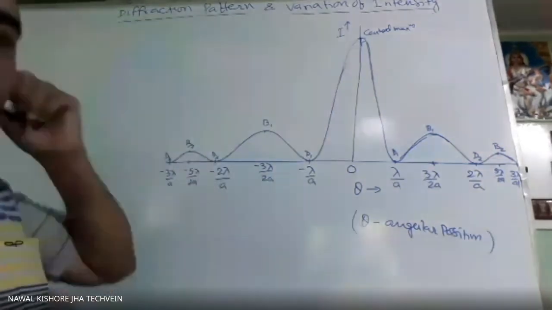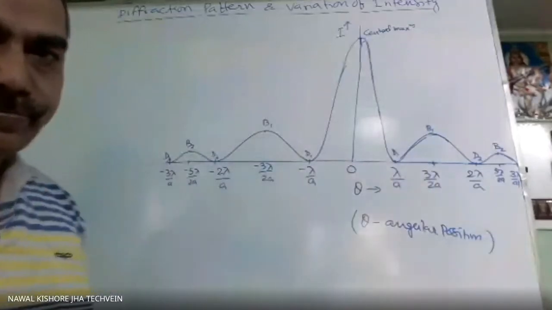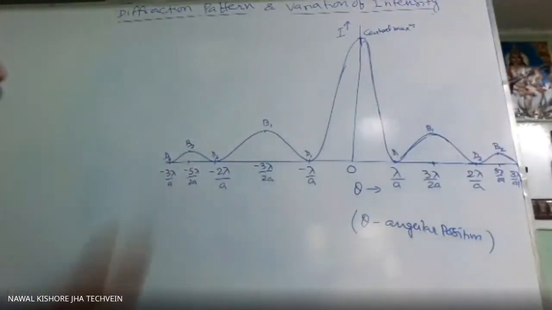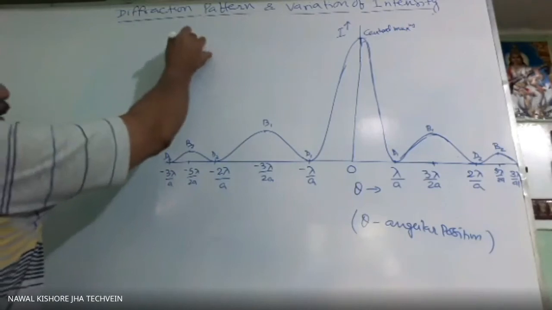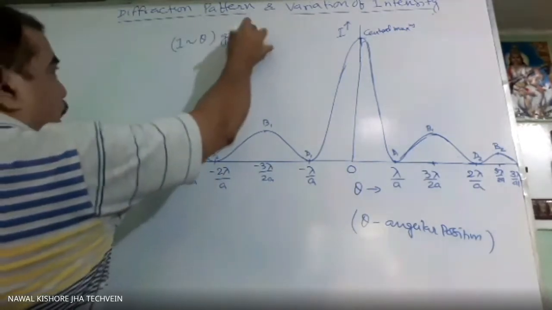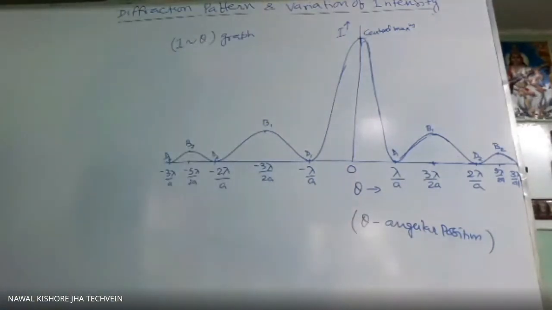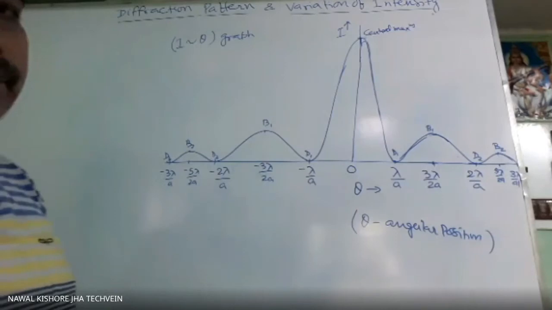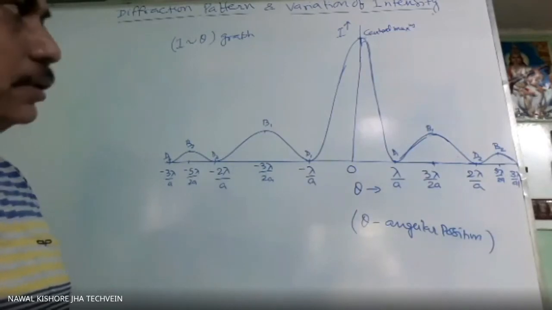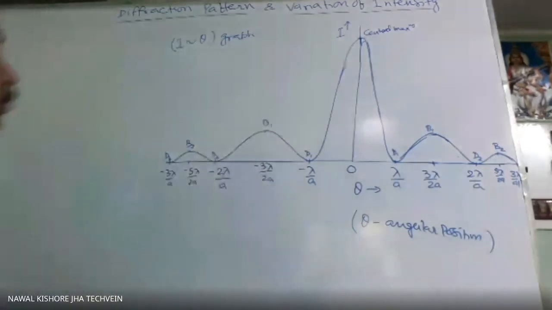Now another one may be the intensity versus position graph. This is the I versus theta graph, where theta is angular position. Second one may be the intensity versus position graph.